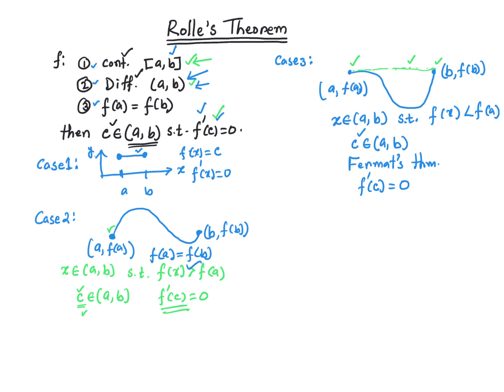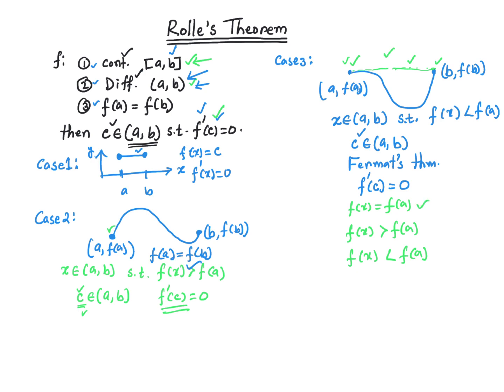The other two options are that there is a value of f of x which is less than f of A, or a value for f of x which is greater than f of A. So f of x could be always f of A, f of x could be greater than f of A, and f of x could be less than f of A. These are all three possibilities. Nothing else could happen, and we have covered all these scenarios.